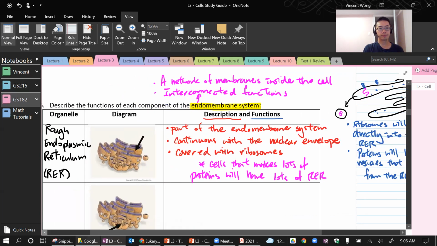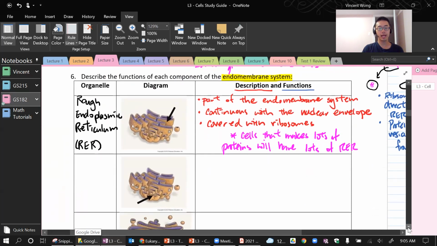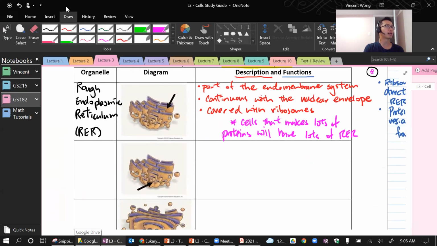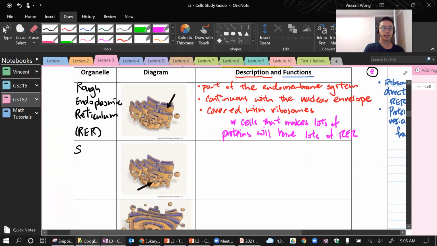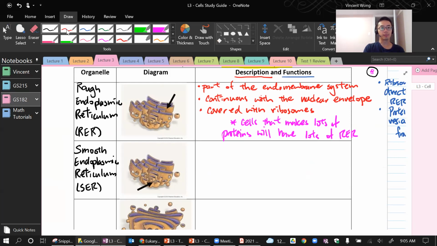Next, we have the smooth ER. The smooth ER is a little bit further out from the nucleus, and it's smooth because it does not have any ribosomes on it. So this is the smooth endoplasmic reticulum.